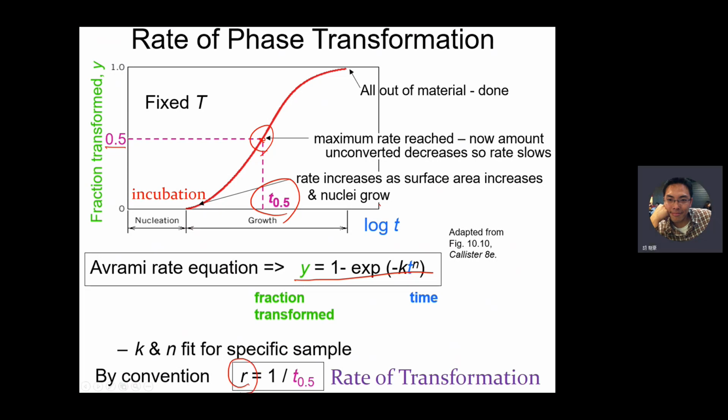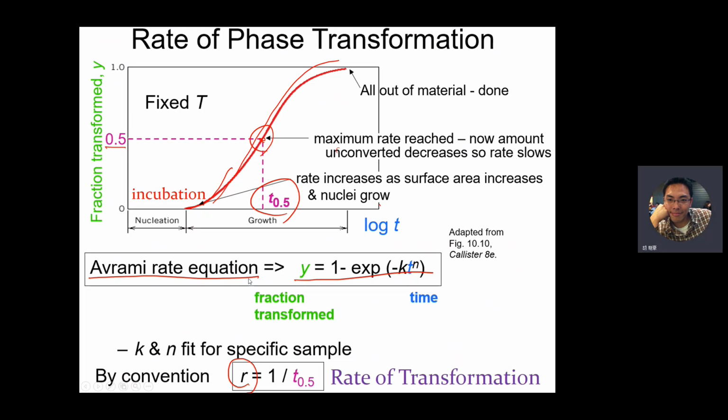Okay, so first we can find this curve from experiment, right? We can do numerous experiments. And after that, we fit this curve to define the equation called the Avrami rate equation. And we find the time for 50% of the fraction transformed.